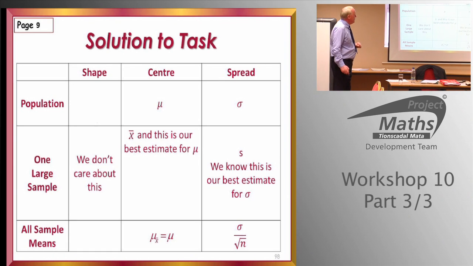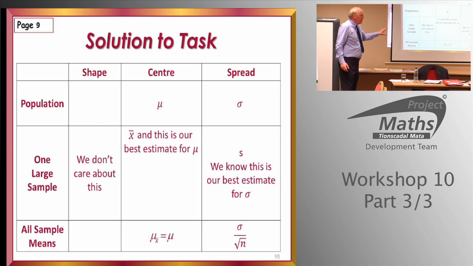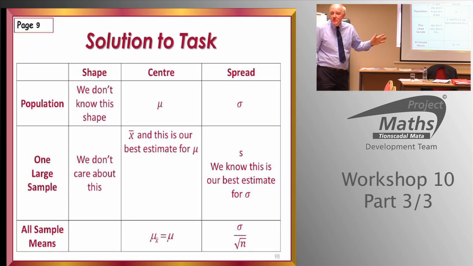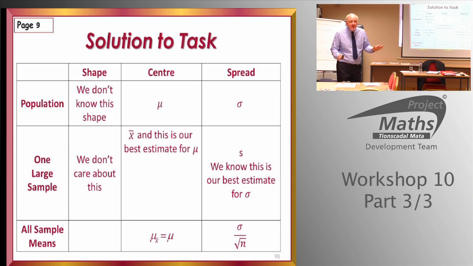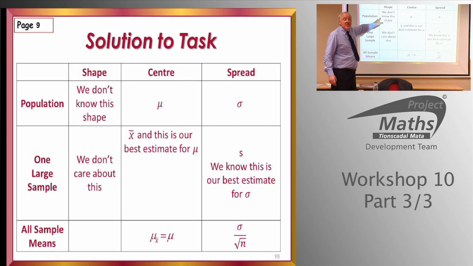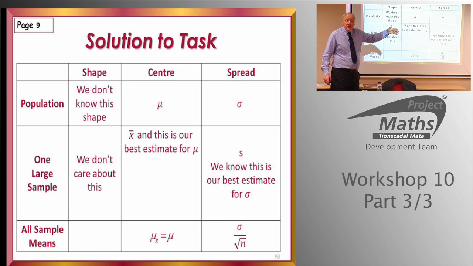The population, the large sample, I don't really care, because that will vary from sample to sample. So I'm not interested in that. The population, I don't know, so that won't interest me. Because it doesn't really matter what shape this is once my sample size is large, anything over 30.